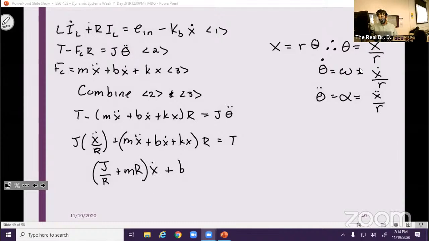MR x double dot plus BR x dot plus KR x is equal to the input torque. What's my input torque? It's the electromechanical torque. It's going to be Km times R. So we'll talk about that. So this is equal to Km times I, or we'll just call it I.